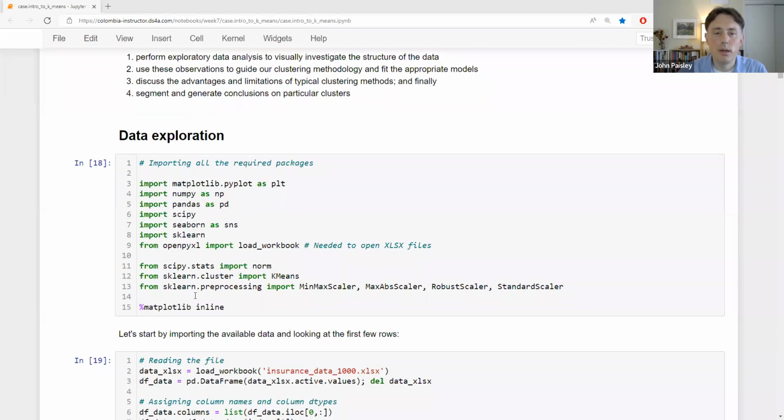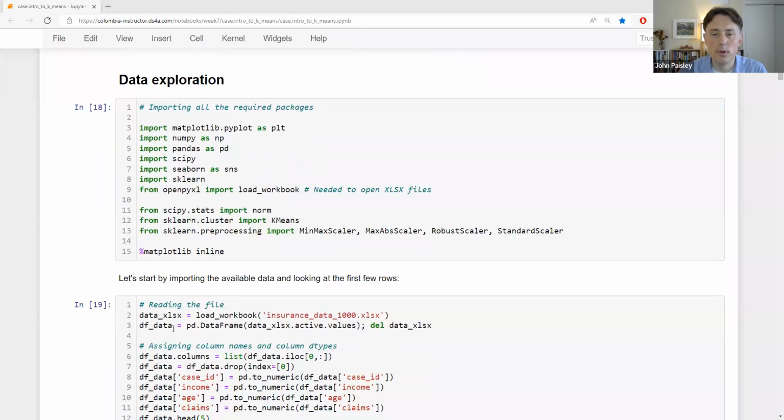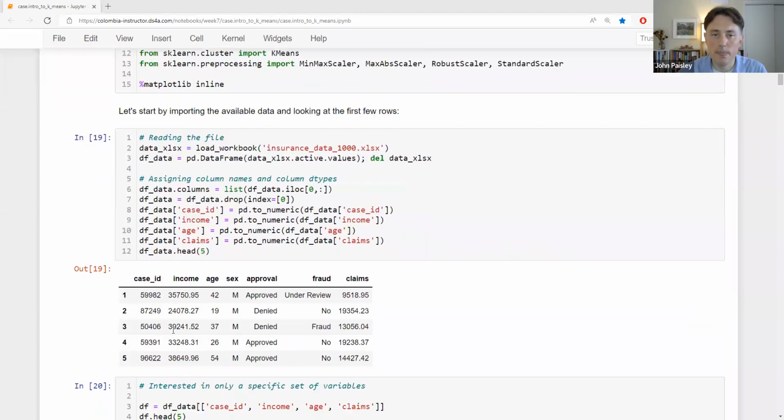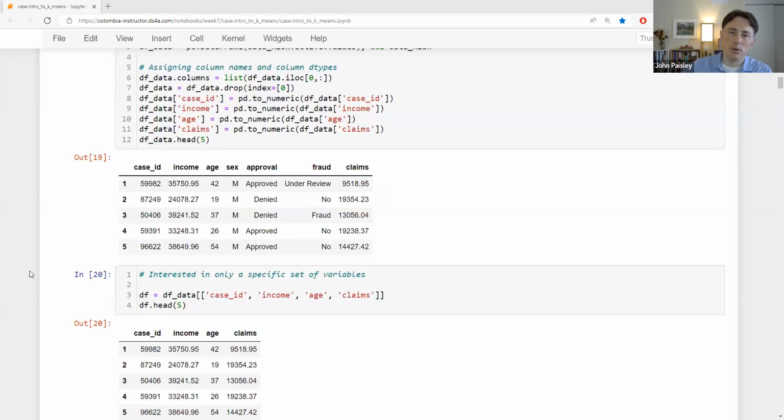Okay, so we load everything up, we import all of our data, and we look at the first 5 rows of our data set. And this is what we're dealing with in our data. So we have 7 columns. The first column is just an ID of the person, so that's not really useful for us.